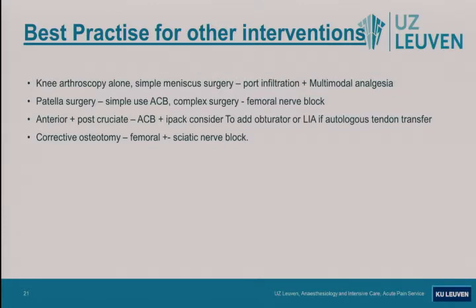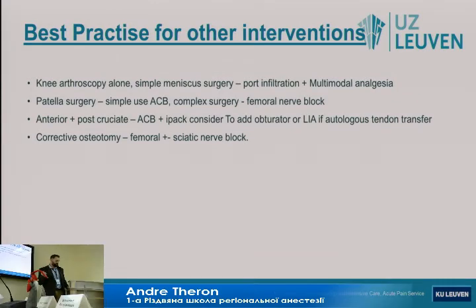So best practice for the other surgeries. We've talked a lot about what we do for simple knee surgery, for chronic pain surgery, and for patients with complex knee surgery, and that's all arthroplasty-wise. But what about the other interventions? Knee arthroscopy alone, if they're just putting in a scope, it's a bit overkill unless you use the regional anesthesia as the sole anesthesia.